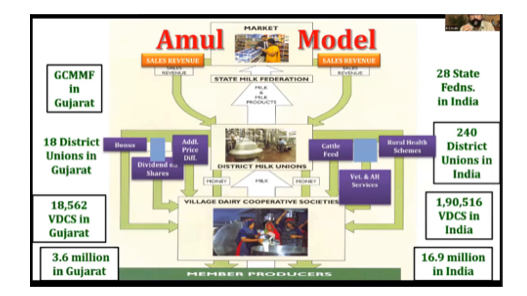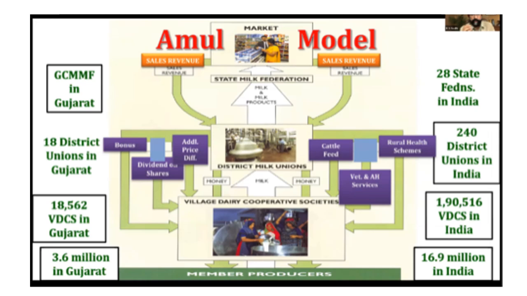It went through 3 phases, phase 1, phase 2 and phase 3, ended in 1996. This is called the White Revolution, and Operation Flood is one of the most successful dairy development programs in the world today. And this is being replicated or followed by other countries taking advice from India.